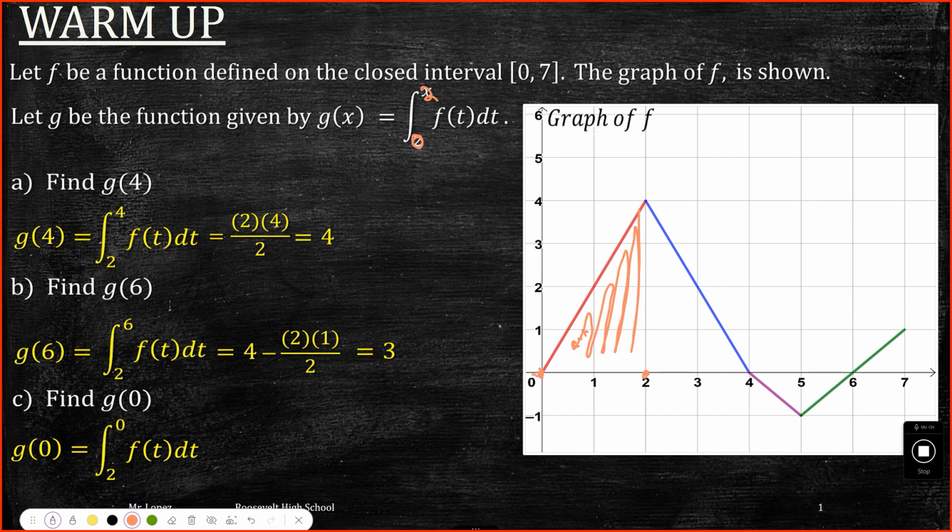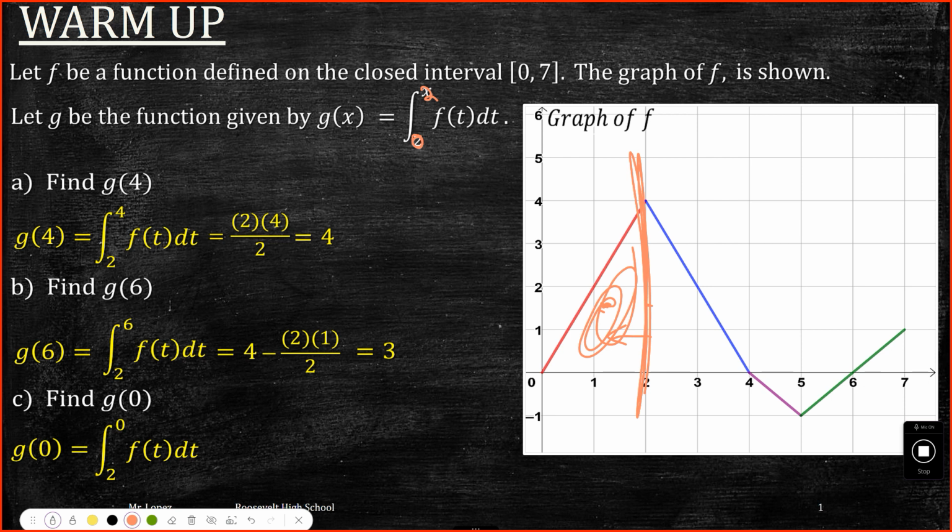So if I go from here and go to the right, that's going to be positive 4. But if we go that way, in the direction to the left, it's going to be negative. This becomes negative if we go to the left.